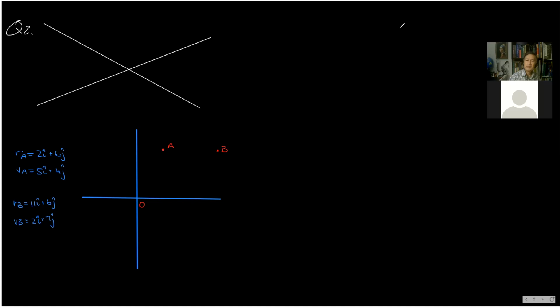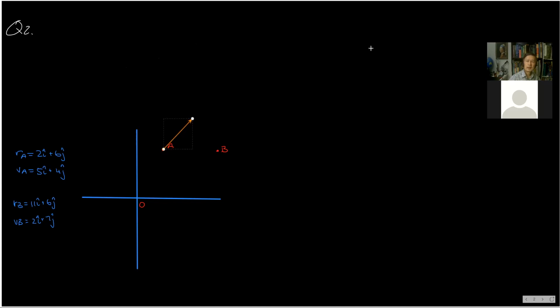Is the velocity constant or not? This is the velocity of A. It's constant. We can use an arrow to indicate the velocity direction. So this is 4, 5, something like that.